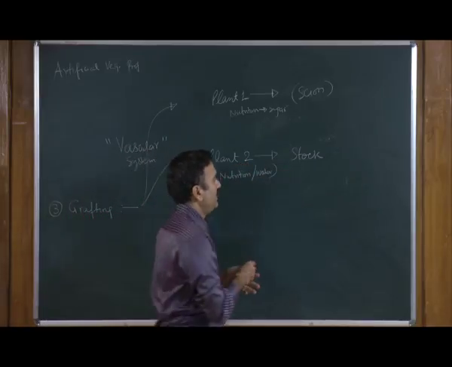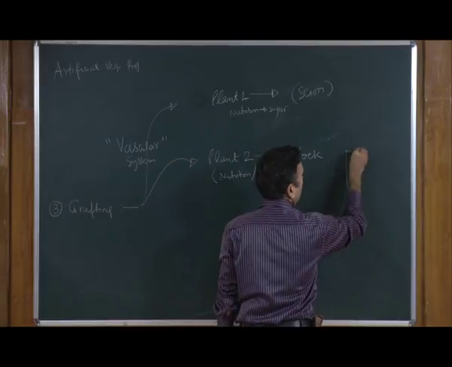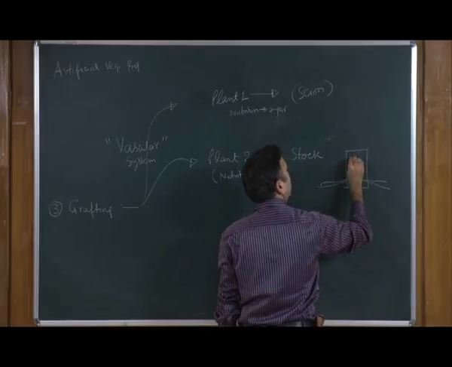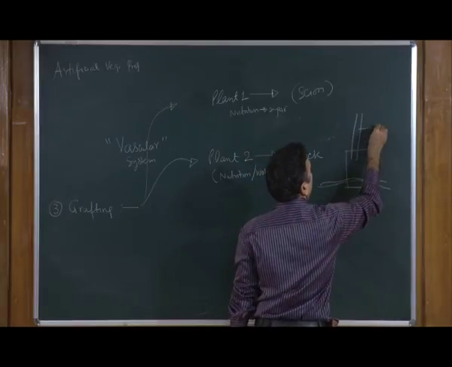So you take a stock, meaning this is your original plant, and on this you add the scion.